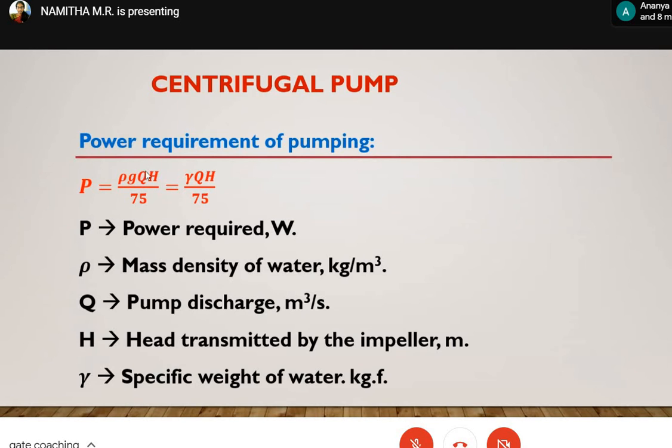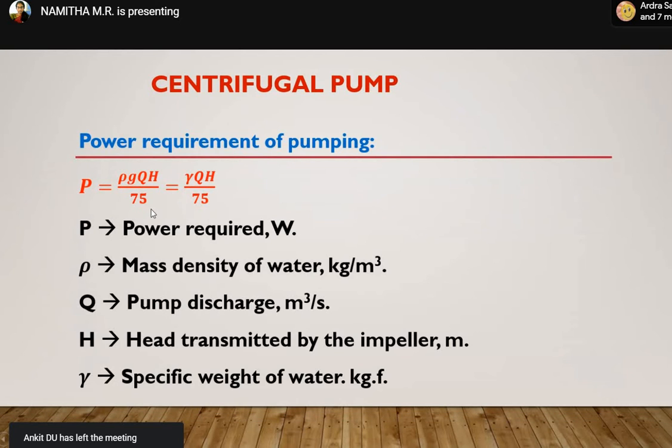If Q is in liter per second, then we can ignore these two terms. Power is equal to QH by 75 if Q is in liter per second. Rho g can also be substituted as gamma. In this equation also, Q is in meter cube per second.